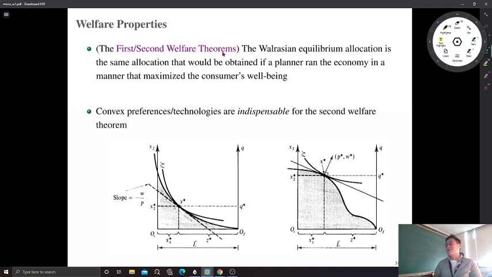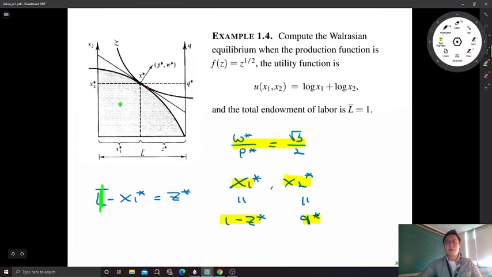But here there is only one consumer, right? So it turns out that the Pareto efficient allocation is a single point like this. Okay, so that is the unique Pareto efficient allocation in this economy.